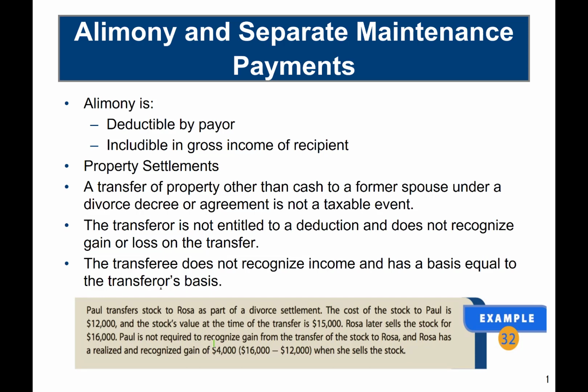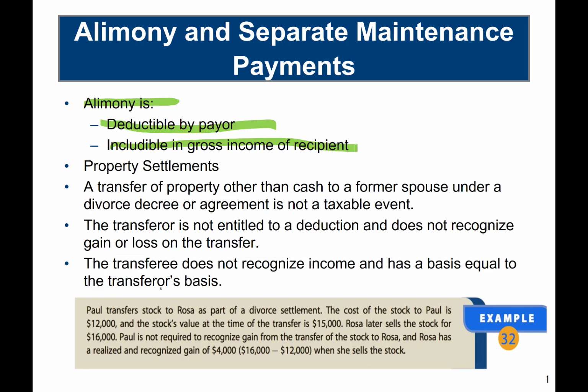Okay, good. So let's talk about alimony. Now what happens? There's a divorce, there's alimony, and there's also child support. What we're going to learn is that the alimony is going to be deductible by the payer and included as gross income of whoever the recipient is.